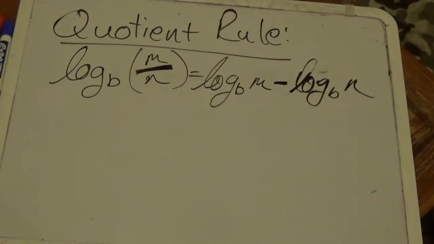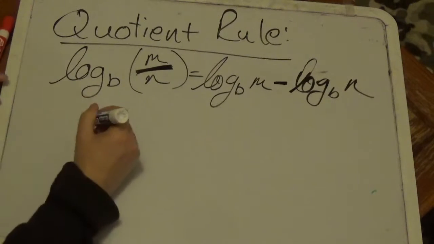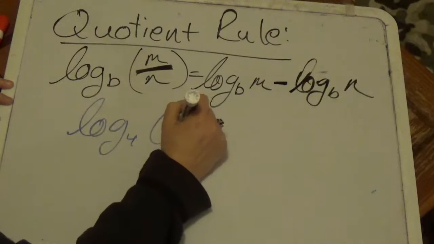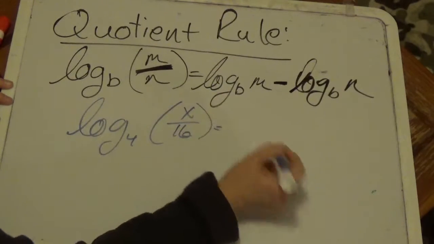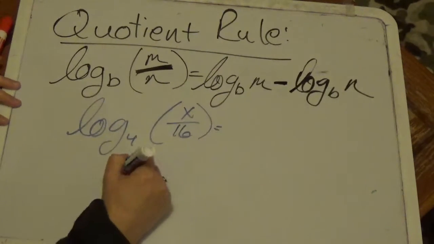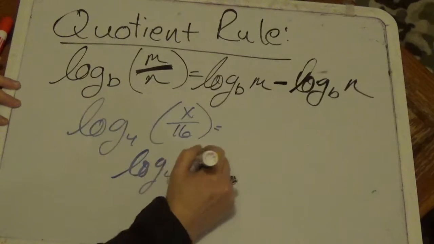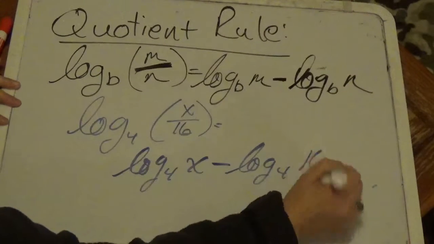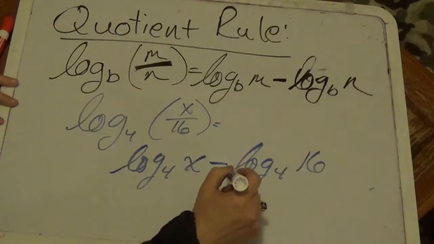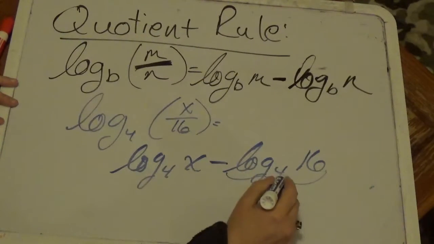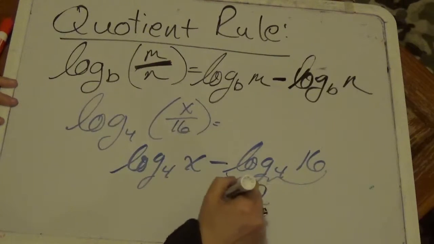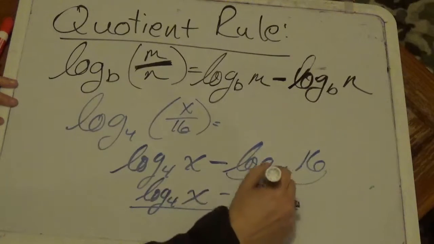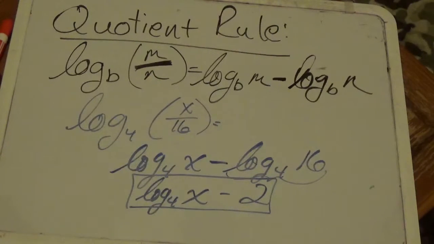Okay, so for example, if you have log base 4 of x divided by 16, that would be log base 4 of x minus log base 4 of 16. You can evaluate this part. 4 squared is 16, so this is 2. So log base 4 of x minus 2 would be that expansion.